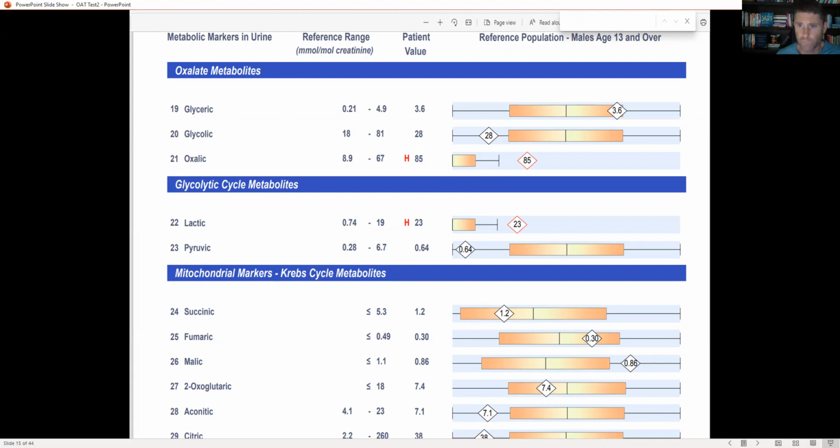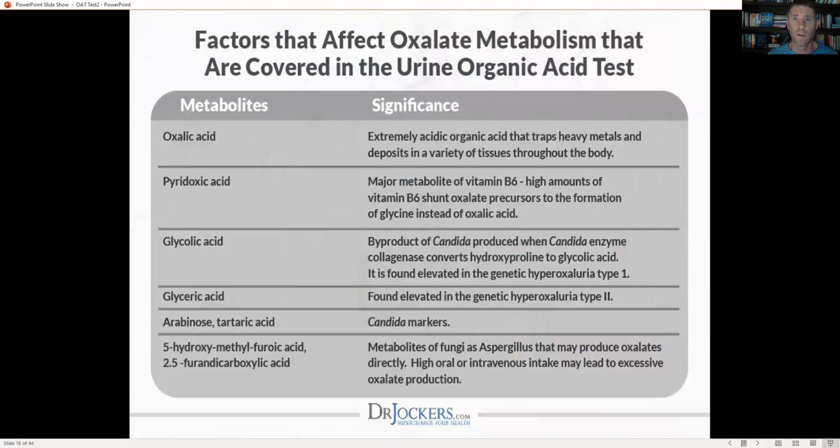You may just need to reduce it for a period of time. You may need to take some certain binders, like citrate binders and things like that, that help with it. You may need to elevate your B6. And so, again, looking at these things, oxalic acid, it's an extremely acidic organic acid that traps heavy metals and deposits in a variety of tissues throughout the body. So it can also grab heavy metals in the gut and redistribute them, which can be an issue here.